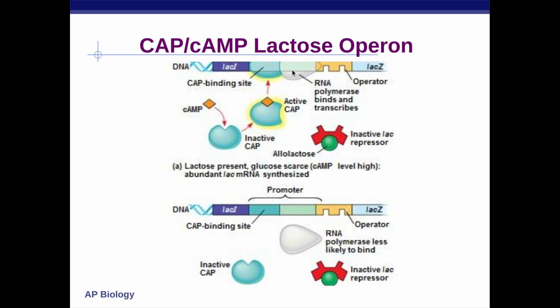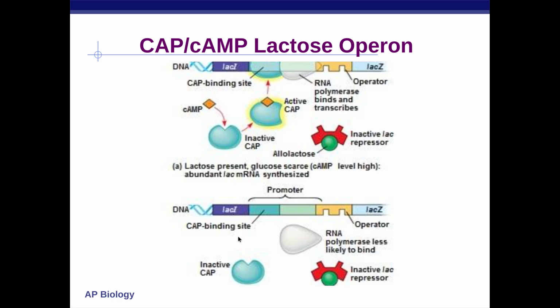But when you have more glucose, that means it doesn't matter whether lactose is present or not. It wants to use glucose better than it wants to use lactose. So what it does is, when more glucose is present, cyclic AMP levels go down.